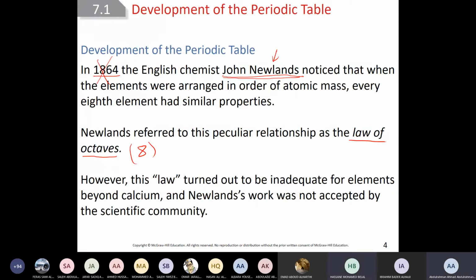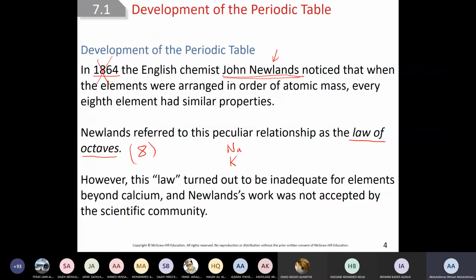Good. Next. What does it mean, Doctor? The 8th element is similar to the first one. After the 8th element, things are repeated. That's all what I wanted to know. He noticed that if you look at the elements known at his time, there is a similarity between, for example, sodium and potassium.